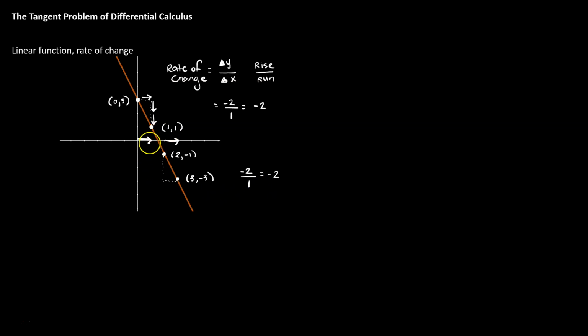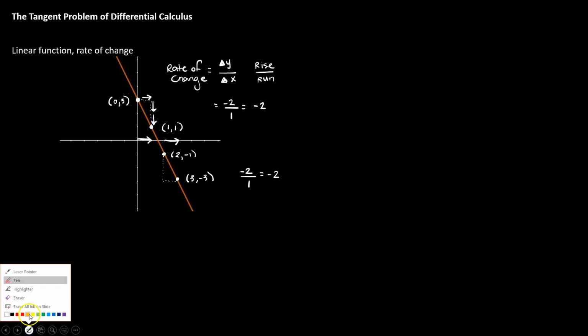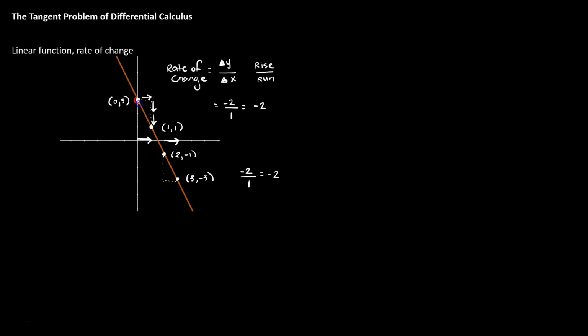So linear functions have this really simple way of calculating the rate of change, and you can do it between any pair of points you want. In fact, if I were to pick this top point, let's use different colors here so we can keep track. Let's say I want to calculate the rate of change between these 2 points.